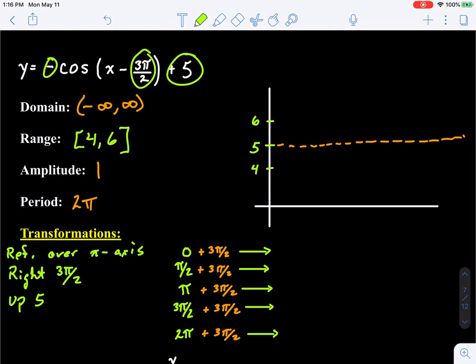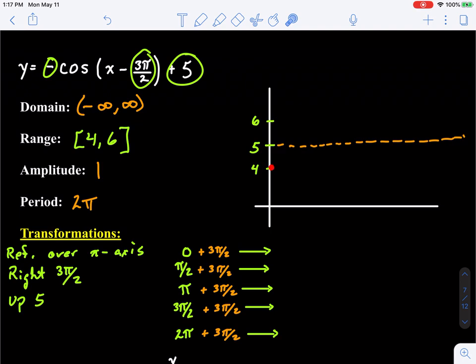All right, so let's start out. Cosine does not start on the central axis. Cosine normally starts at the high point. The difference here is that we have a reflection over the x-axis. So instead of starting at the high point, the graph is going to start at the low point down here.